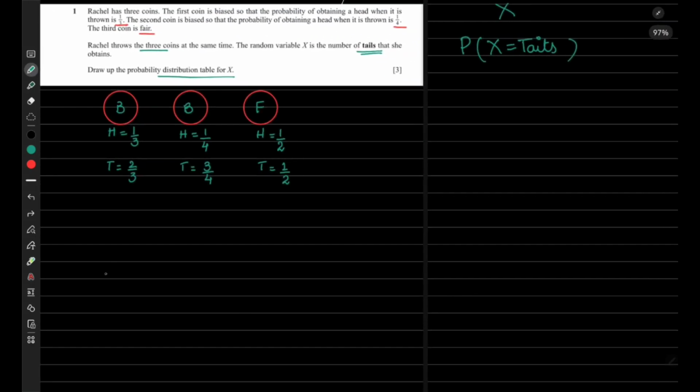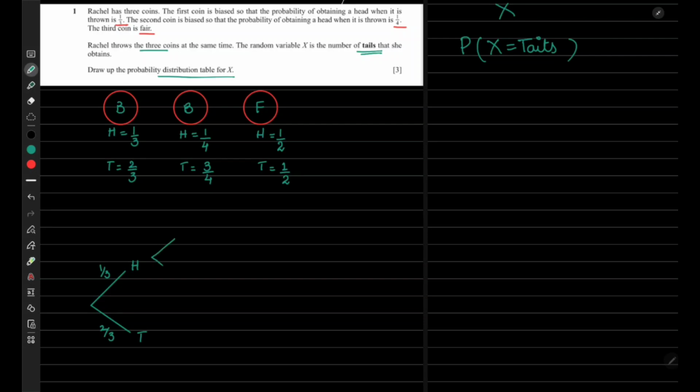So let's see. The first possibility is that with the first coin you get a head or you get a tail. For the first coin, we know the probability is 1/3 and 2/3 for head and tail respectively.